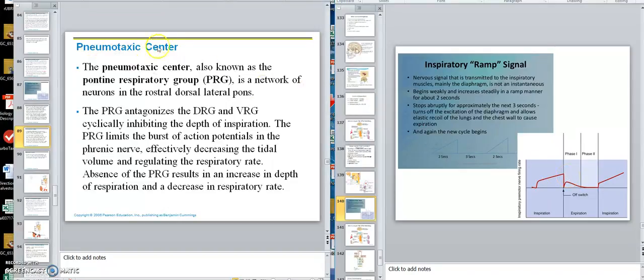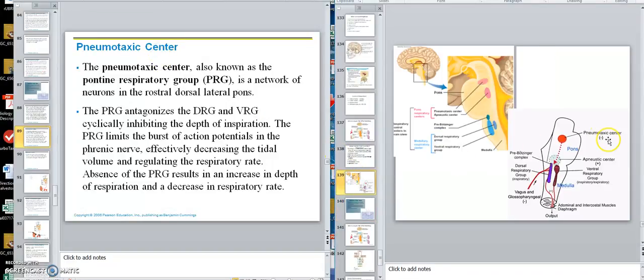That is the role of the pneumotaxic center. Let's go here. See, it's negative. It sends an inhibitory postsynaptic potential to the VRG, old days DRG, to cut it off.